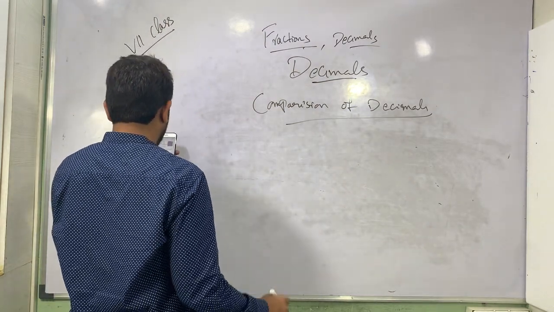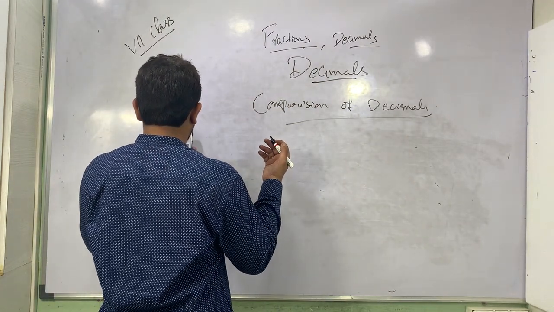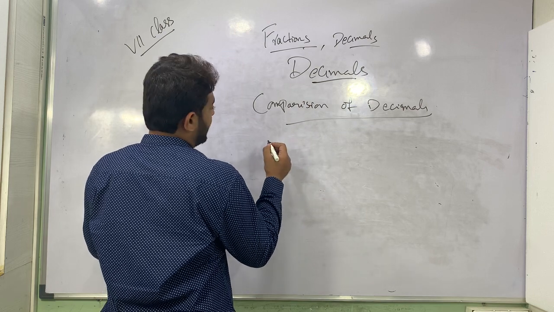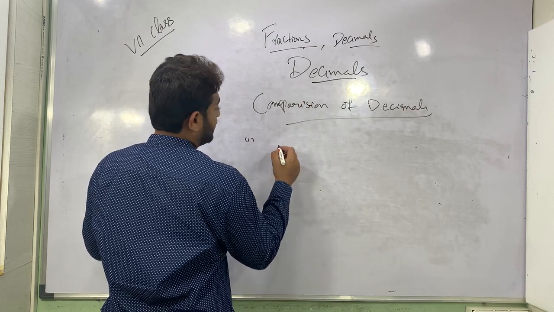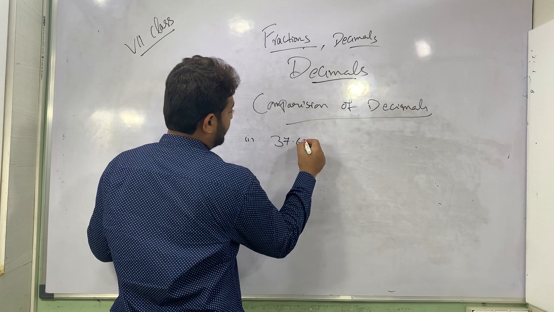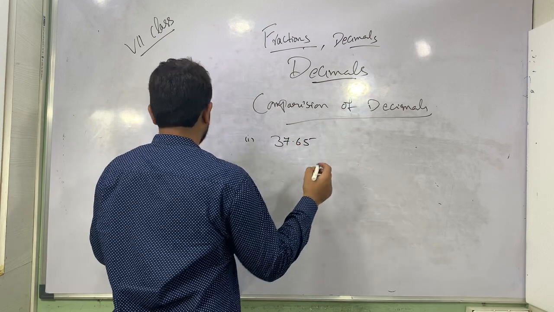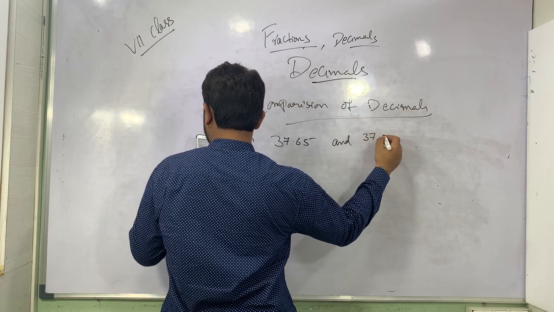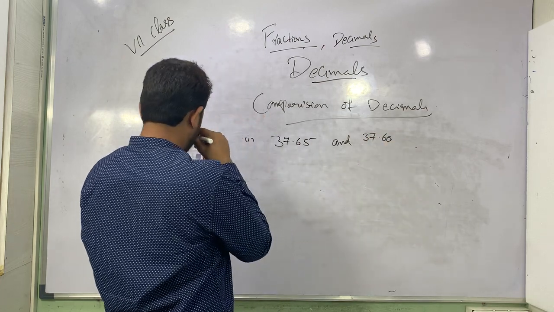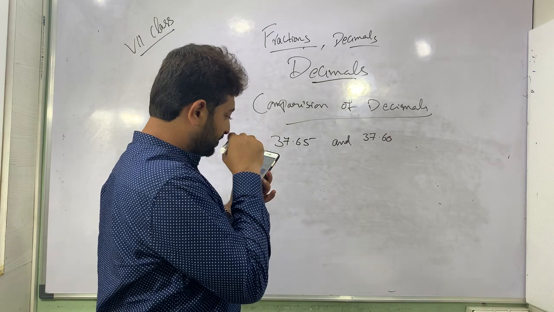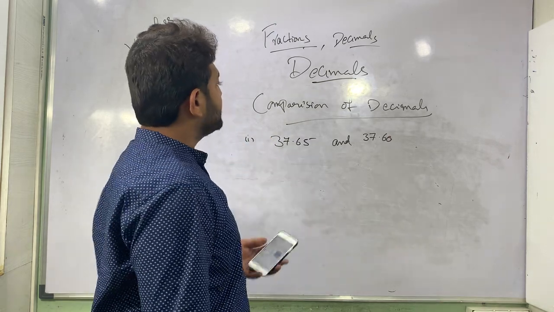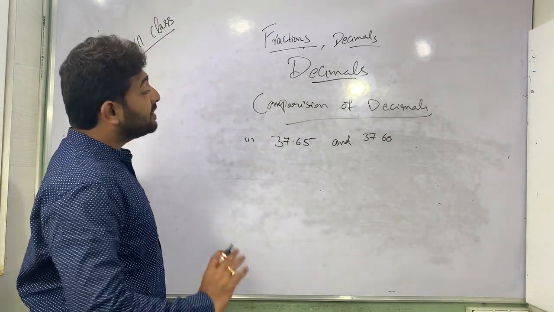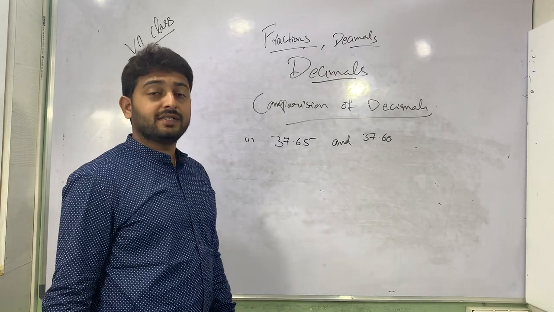For example, a given problem is: they are asking us to find which of these numbers is greater, 37.65 or 37.60?